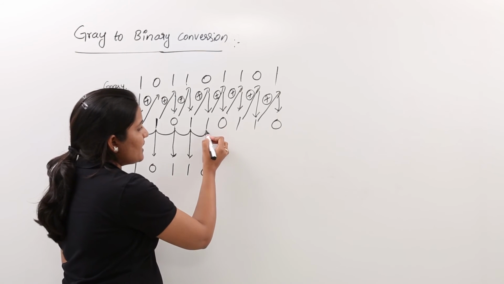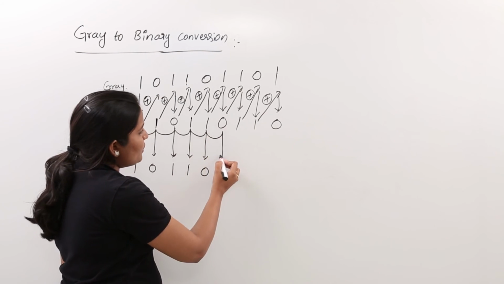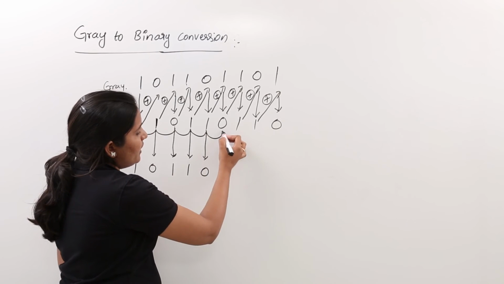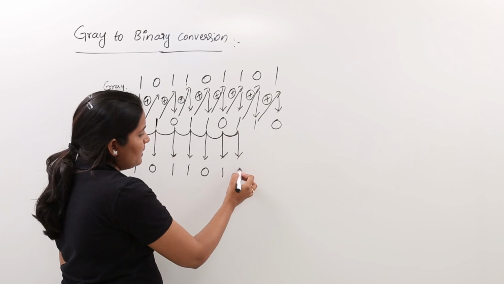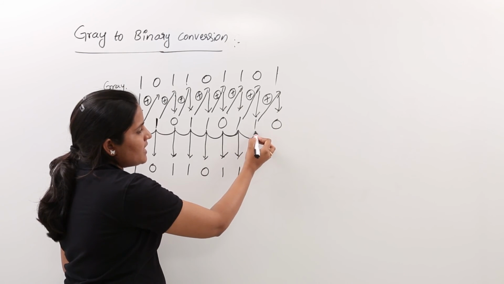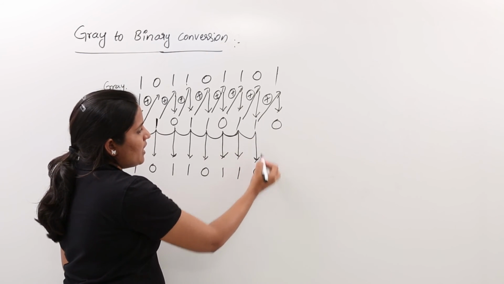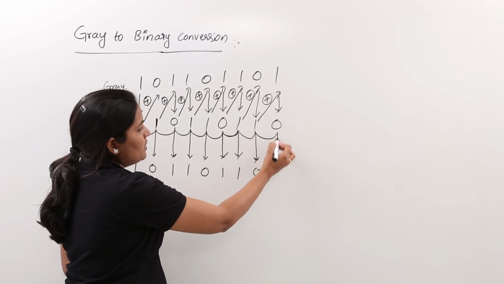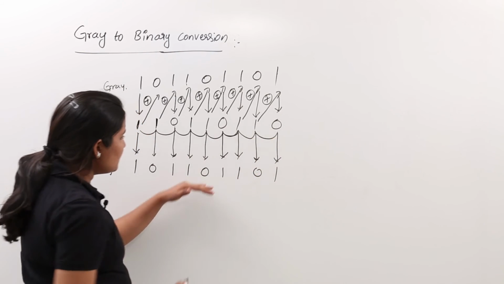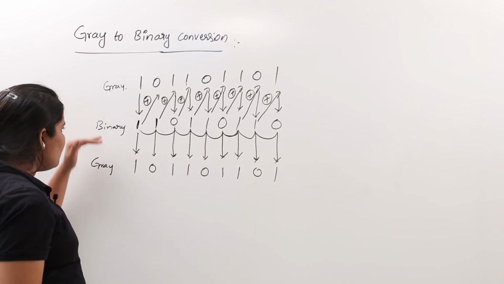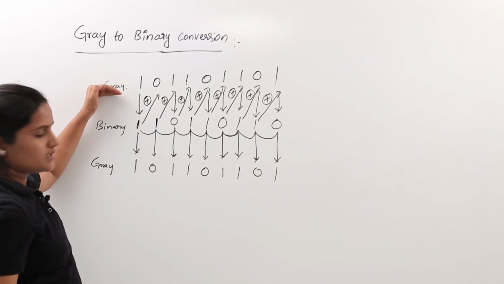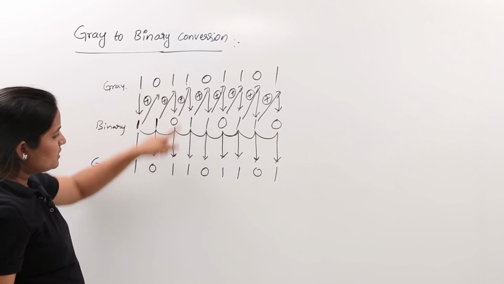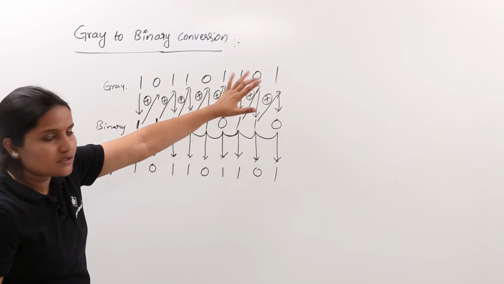And here you are XORing 1 with 0, you are getting 1 here. And here you are XORing this 0 with 1, you are getting 1 again. 1 XOR 1 is 0 and 1 XOR 0, so here you are getting 1. See the equivalence. From this binary again you got the gray code equivalent to this: 1 0 1 1 0 1 1 0 1.